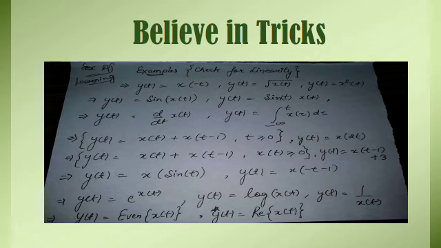Same for y(t) equal to x(t) plus x(t minus 1), comma x(t) greater than or equal to 0. Here the system limit depends on being greater than or equal to 0. When you give two inputs to the system whose total is greater than or equal to 0, it is not necessary that the individual ones be greater than or equal to 0. So I can say this is a non-linear system.